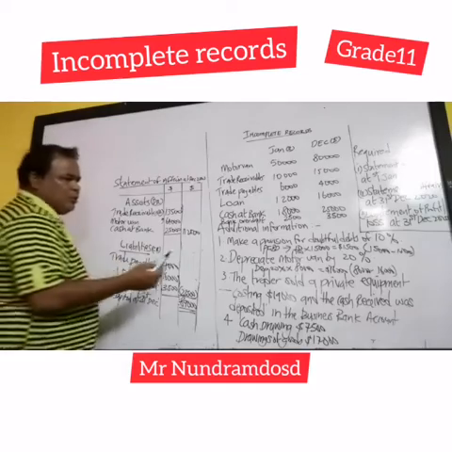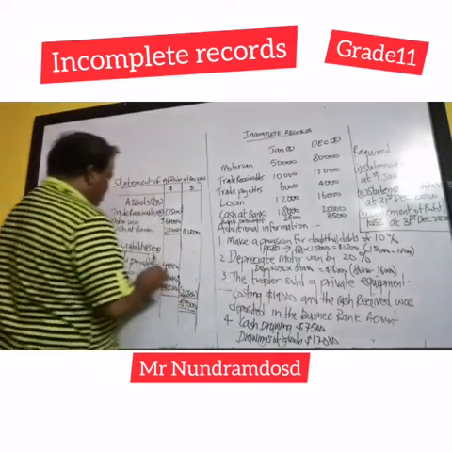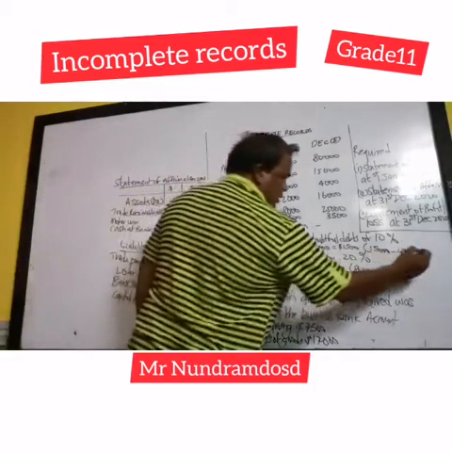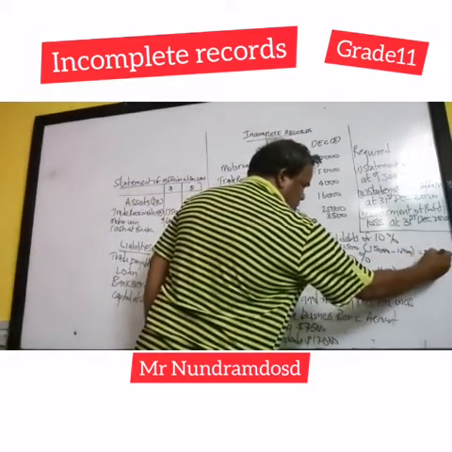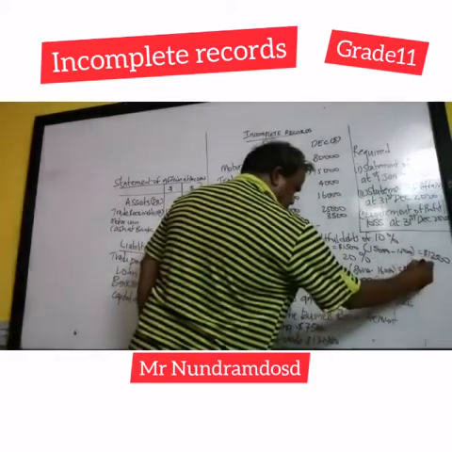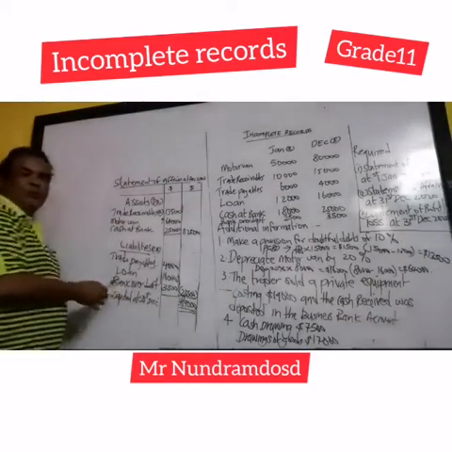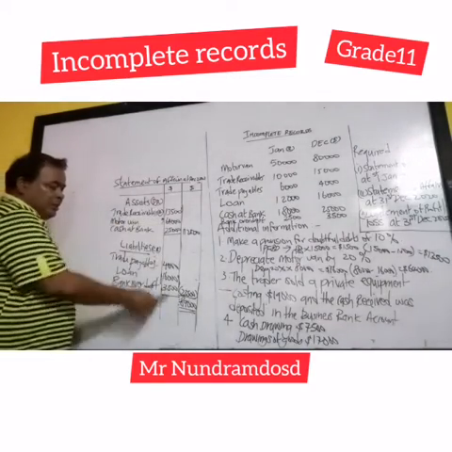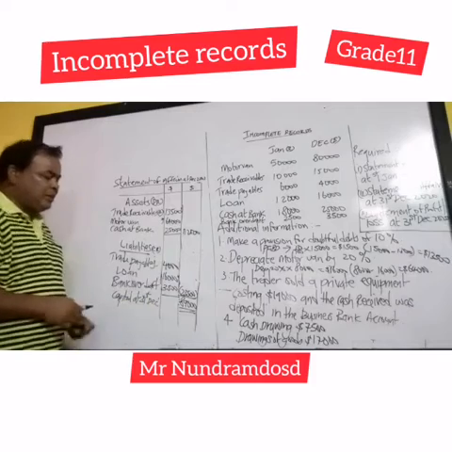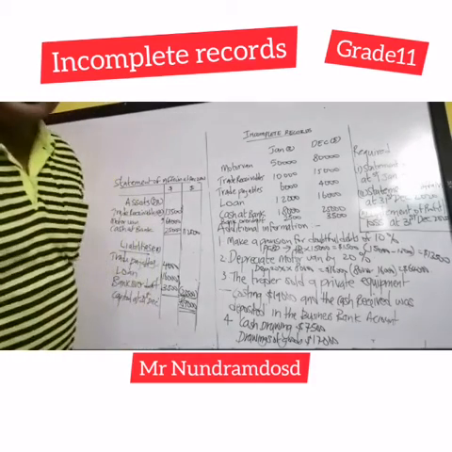We have two adjustments, one for trade receivable and one for depreciation. For trade receivable, this will give us 13,500, and here this will give us 64,000. Both adjustments have been taken into account to prepare statement of affairs at end, so we get capital at end, 89,000. Now we can prepare the statement of profit or loss.